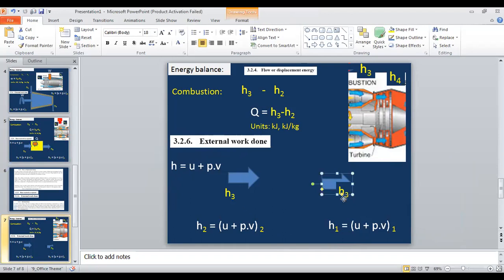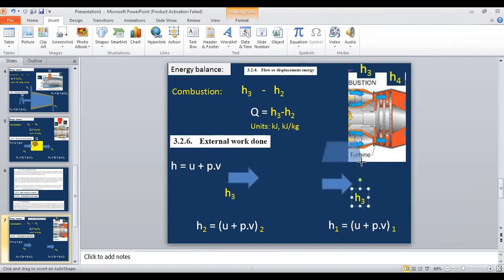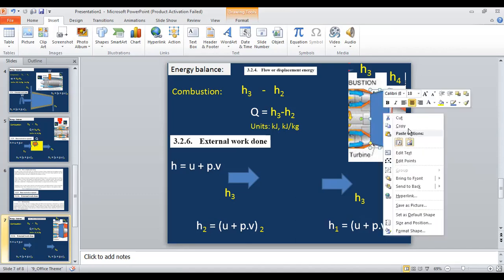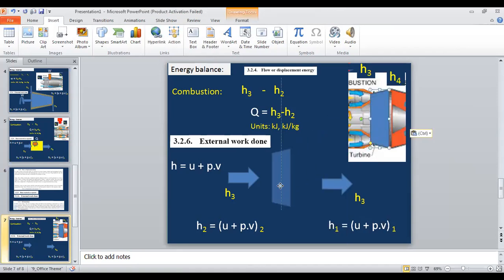So turbine, see the shape here. Can you see the shape? Because this working fluid expands.